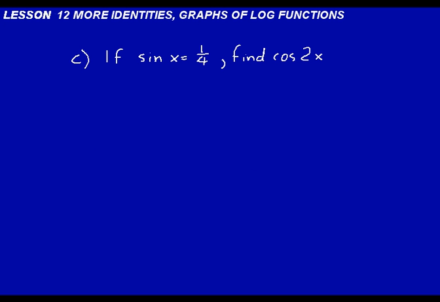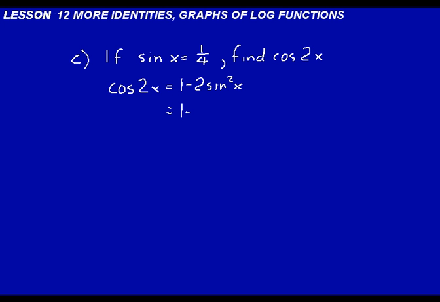Let's go ahead and do another practice problem. This one says if sine of x equals 1/4, find cosine of 2x. Well, just think about that. That's a double angle identity we'd be dealing with because we have cosine of 2x. Remember, there were three ways to write that identity, and one of those could be in terms of sine of x, right? 1 minus 2 sine squared x. So we know that sine of x is equal to 1/4.